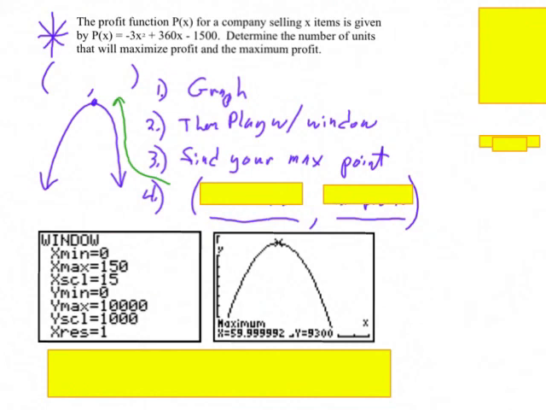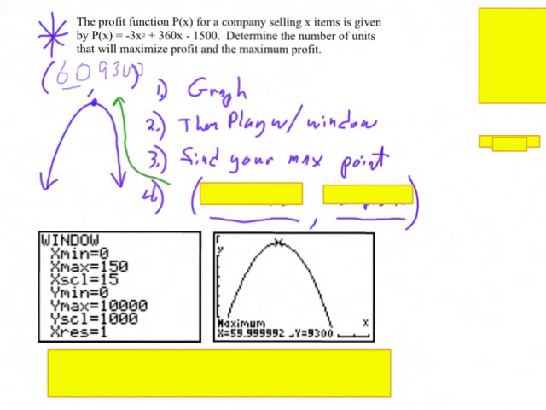Well, see that 60, that is this right here. That means, in order to maximize my profit, I need to create 60 units and sell 60 units to maximize my profit.